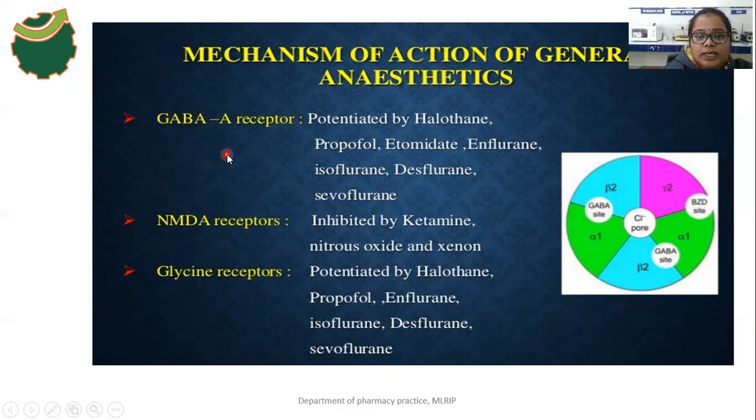Here, these inhalation general anesthetic drugs first bind with the GABA A receptors. After binding, what is the nature of the GABA A receptor? It acts like a ligand gated ion channel.